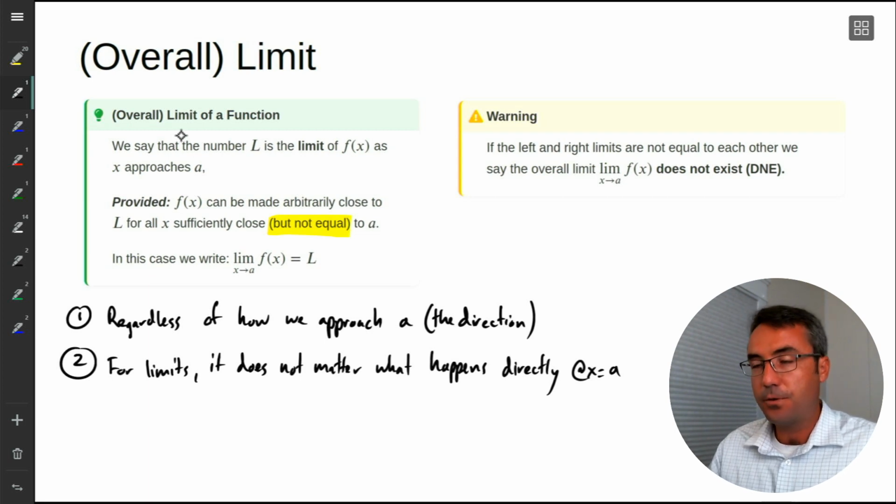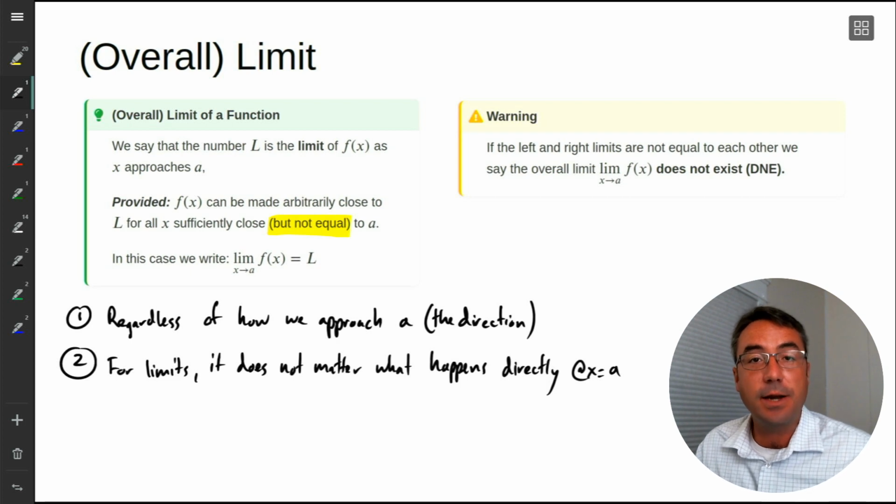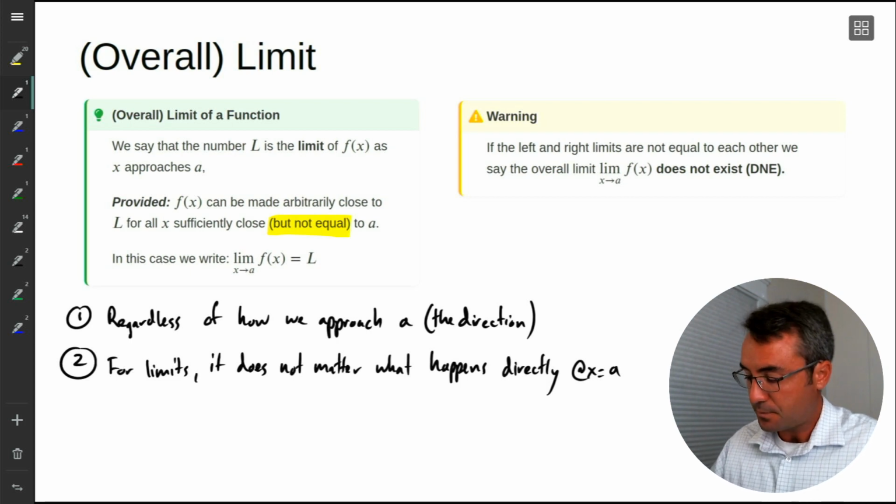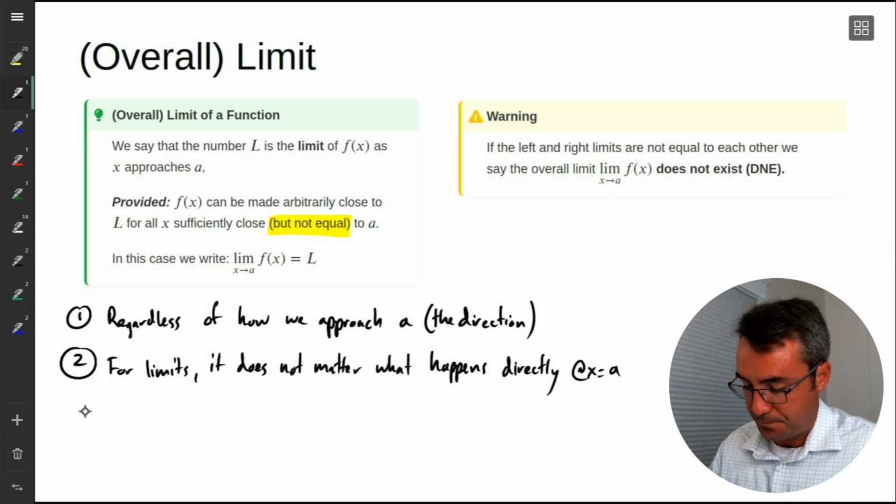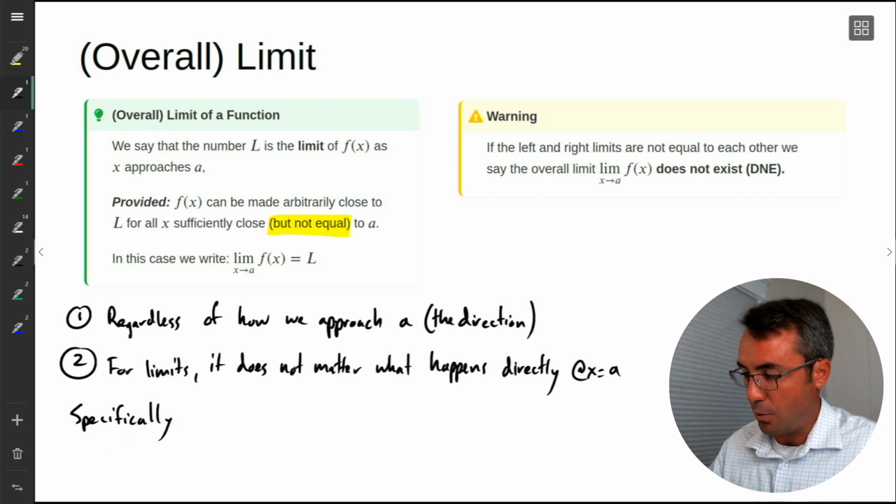Now, this overall limit, though, it is related to our left and our right hand limits. And so this is going to be important.